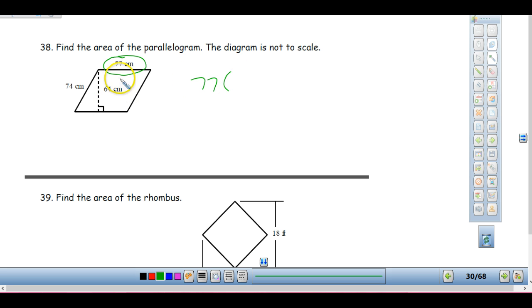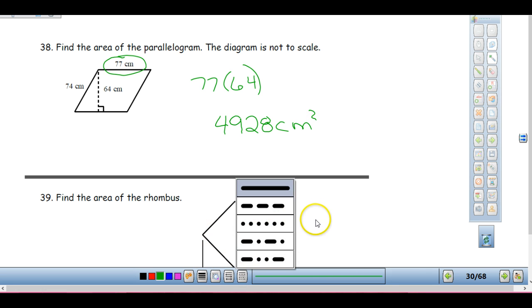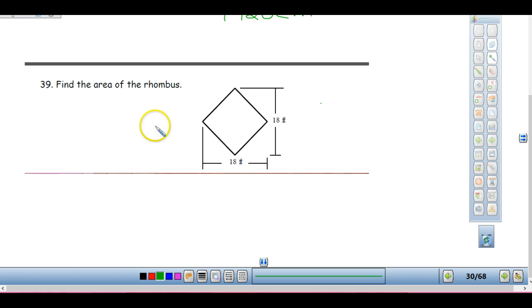So your 77 times your height is going to be 64. Make sure you use 64 as your height, not 74. So you are getting 49.28 centimeters squared.